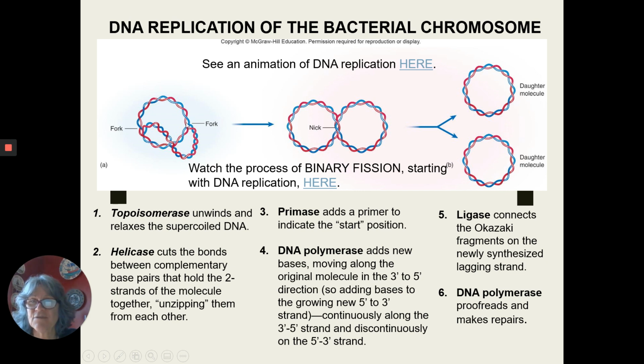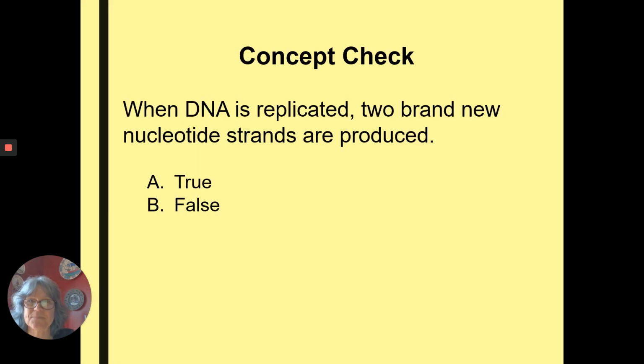The replication fork is the point where I'm separating out my original DNA so that primase can come in and give me a starting point, and then DNA polymerase adds new bases, but it's going to go in opposite directions until it meets up here, separates, and I have two daughter molecules. And then we'll have repairing and connecting with ligase.